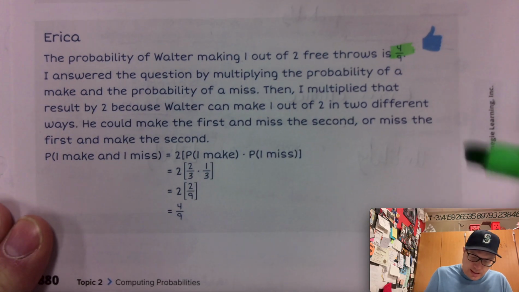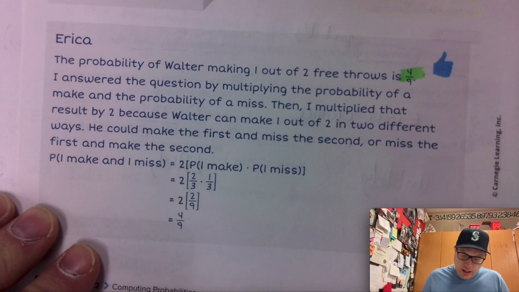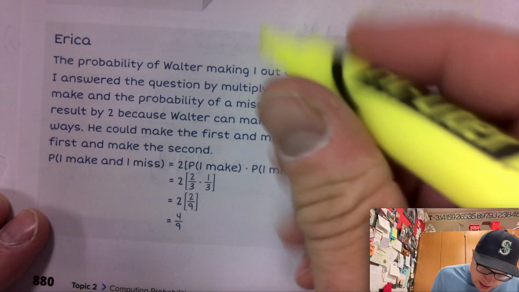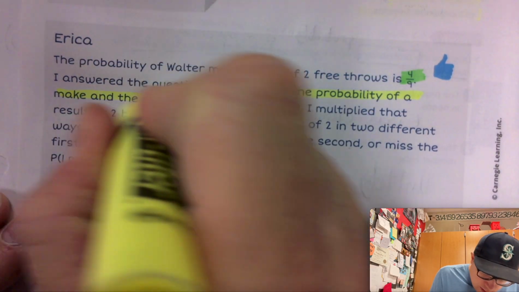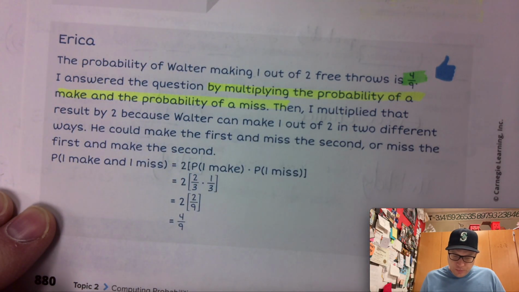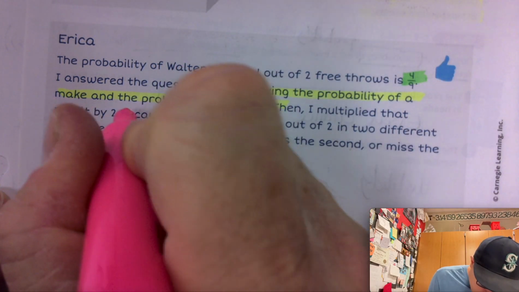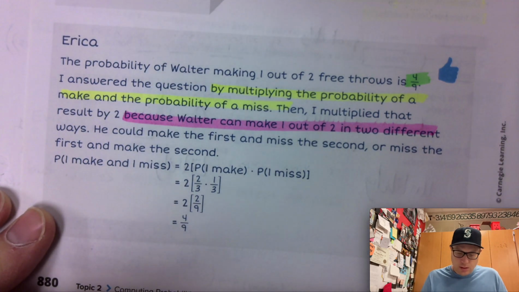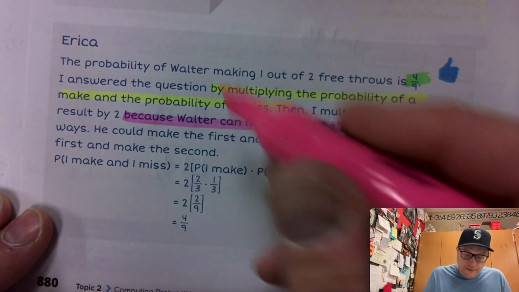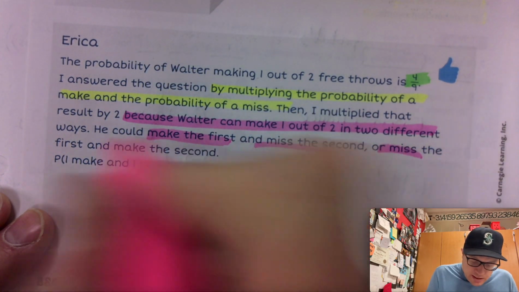Okay, so then this sounds like, I'm going to highlight Julie's. Julie does this. And then Miguel does this: make the first, miss the second, or miss the first and make the second.